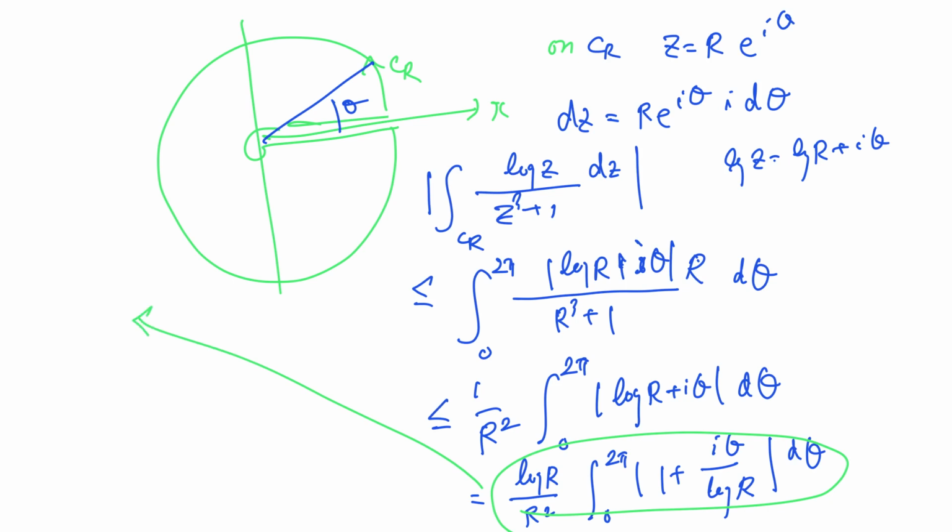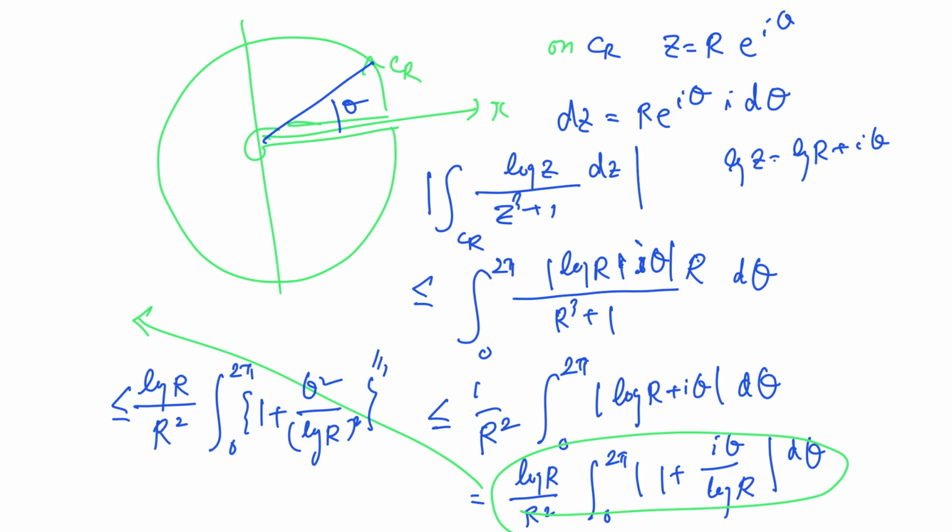It is less than R squared log R times 2 pi, 1 plus log R squared theta squared d theta.